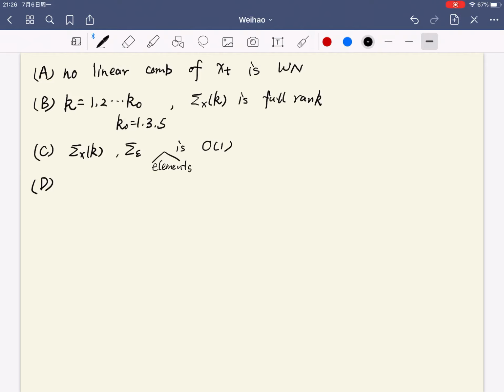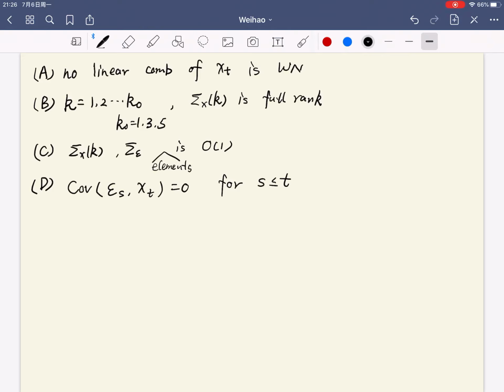Assumption D is classical, which tells us the correlation between epsilon_s and x_t is 0 for s less than t.